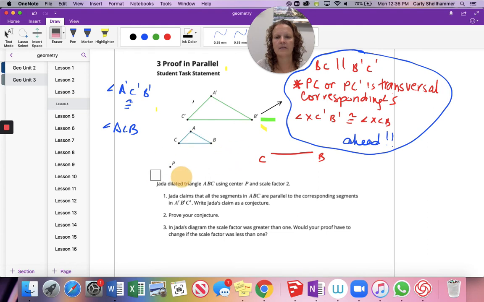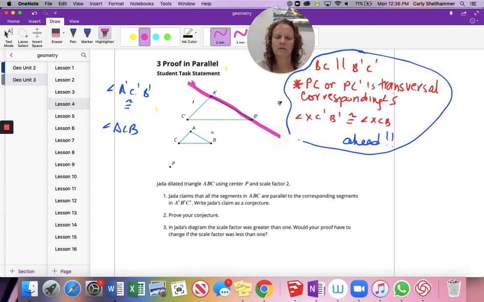Oh, I erased my rays. Okay, I'm going to show you one more time. We want to show that these are parallel.